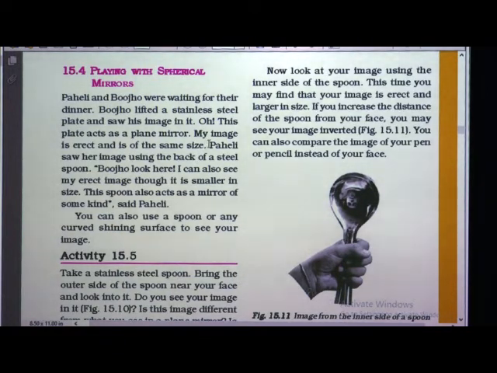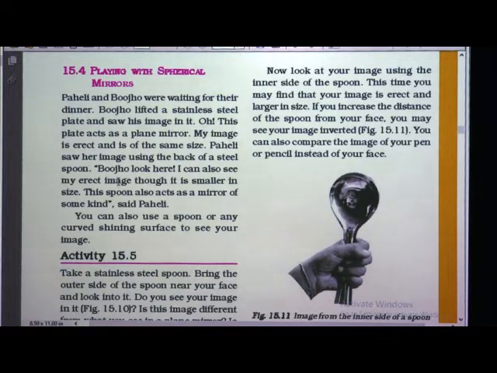What type of image will you see? When you take a plate of stainless steel, you will see an image that is erect and of the same size. Now, what did Paheli do? Paheli saw her image using the back of a steel spoon.